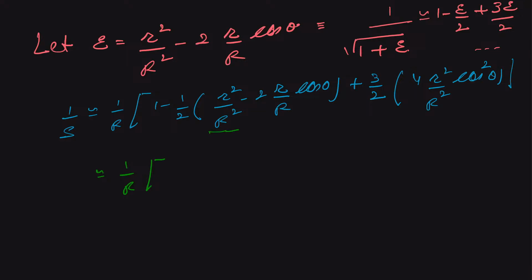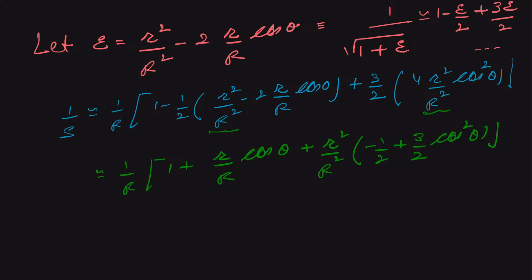These two terms are all the same, so we get 1 plus r upon capital R cos of theta plus r square upon capital R square, times minus 1 by 2 plus 3 by 2 cos square theta.